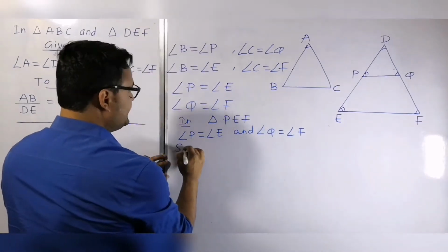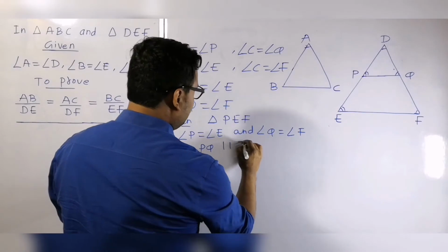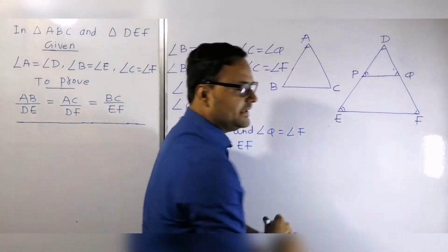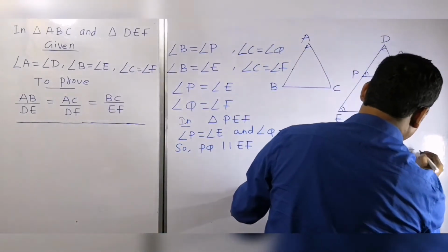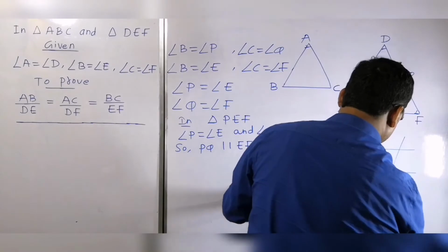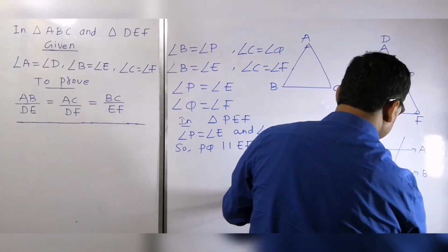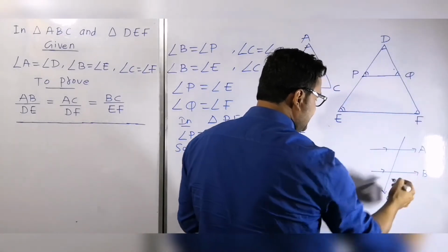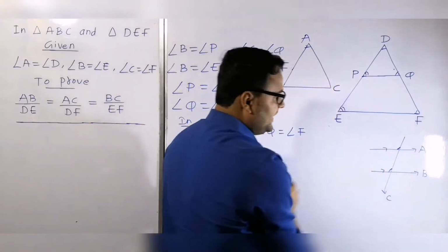So what we can say, PQ parallel to EF. And how? When the corresponding angles are equal, the line must be parallel. I'll give one example. Like this is A and this is B. This is transversal C. So when A parallel to B and C is a transversal, this angle is equal to this angle, corresponding angle.